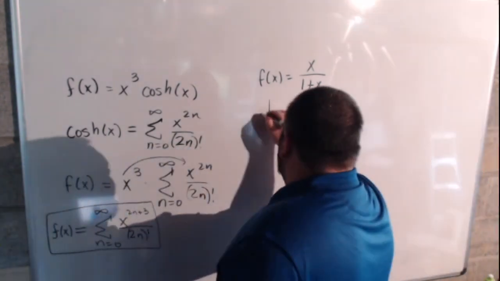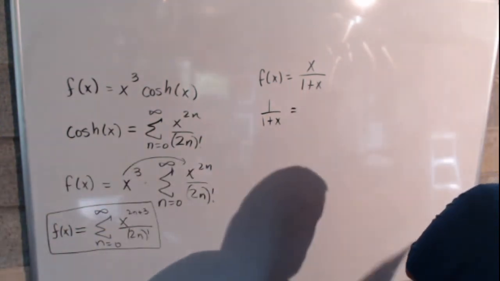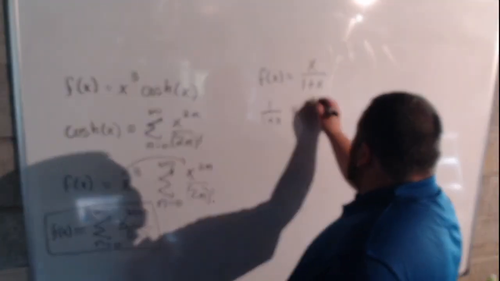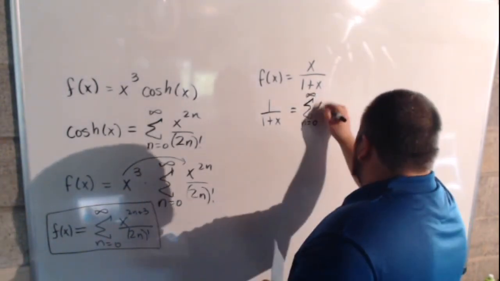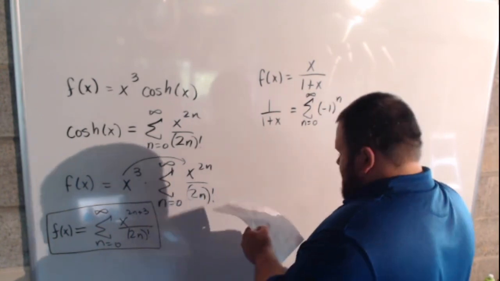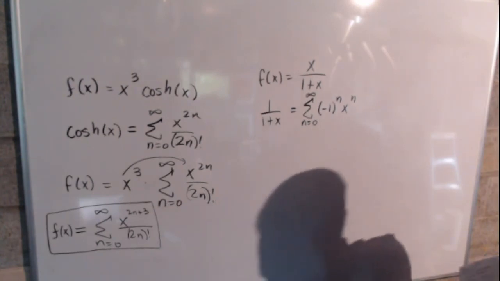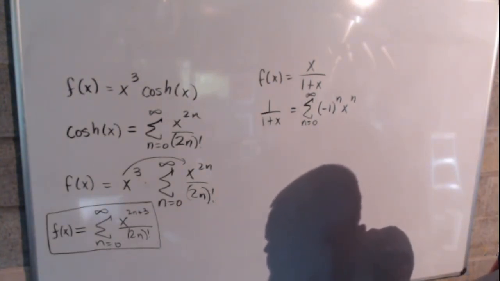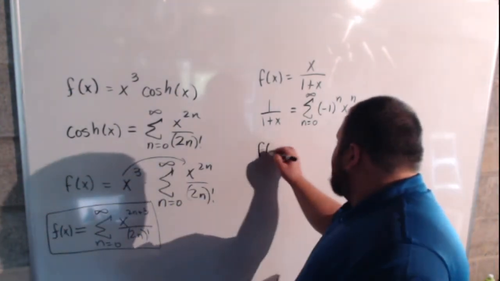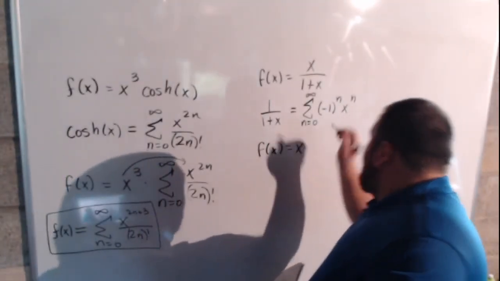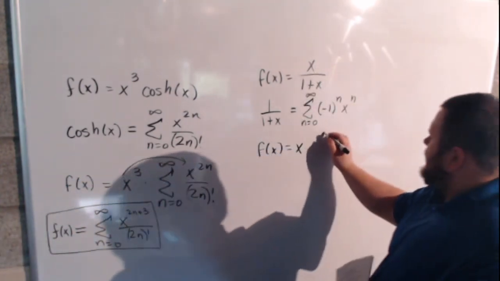So 1 over 1 plus x is equal to the summation from n equals 0 to infinity, negative 1 to the n, x to the n. So again, f of x is now equal to x times the summation.